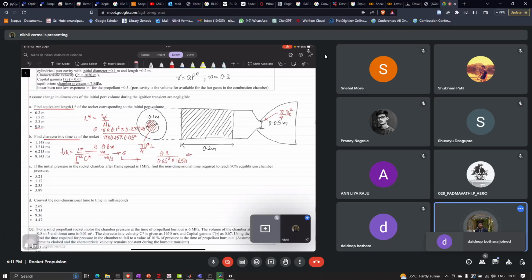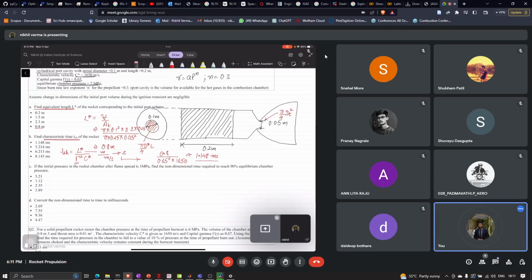Can somebody calculate this value and let me know what is the value for this? Okay, so you'll get the value as 1.148 milliseconds.